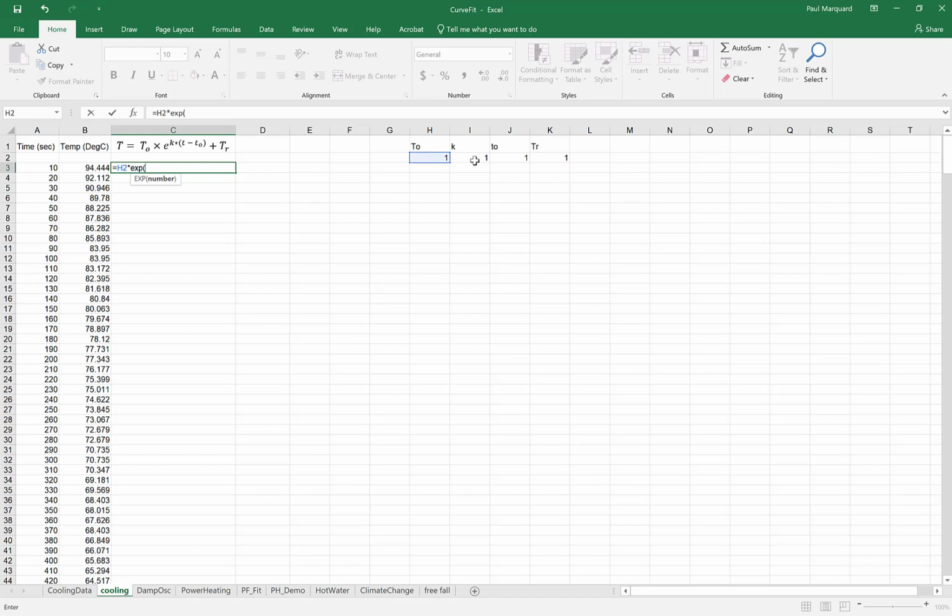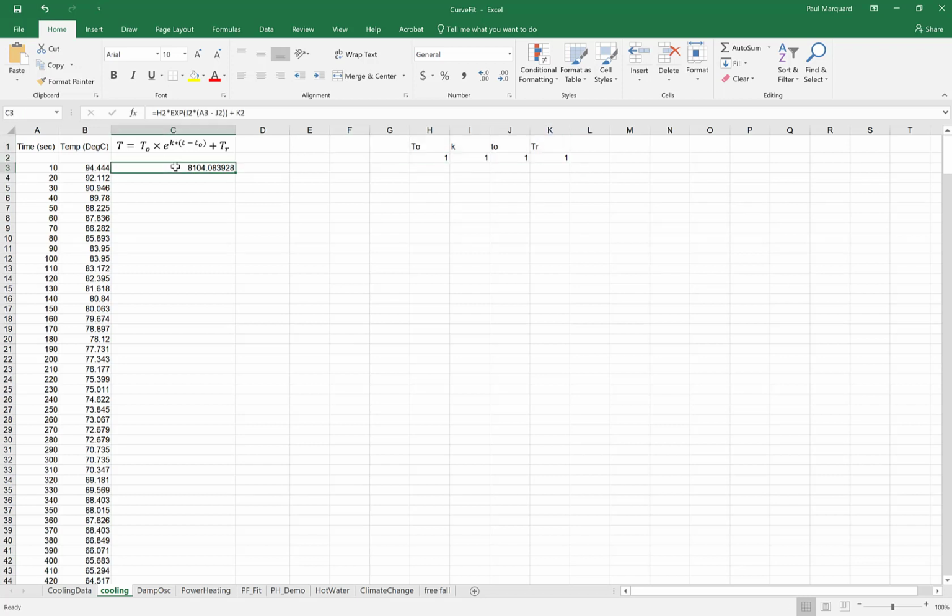And then up in that exponent is k, which is 1, that's cell I2, times, open my parentheses, time, which is over here, that's cell A3, minus T0, which is over here, that's cell J2, close that parentheses, close the exponential function, and then I'm going to add the room temperature, which is cell K2. And there's my function. And you can see 8104 is nowhere near 94, but that's because these values aren't really 1.